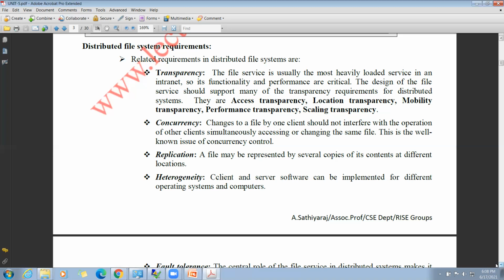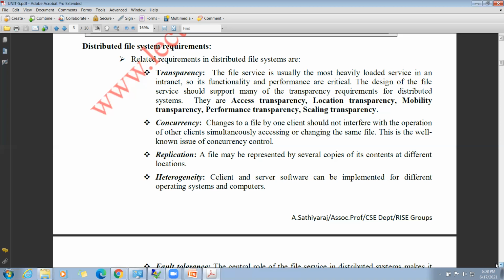Coming to concurrency. Here, the same file will be concurrently used by so many users. The changes to a file made by one client should not interfere with the operation of other clients. Let's take an example. You and I are both accessing the same file.